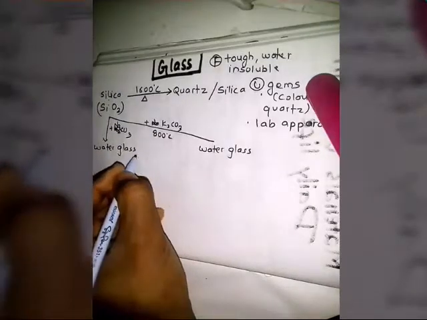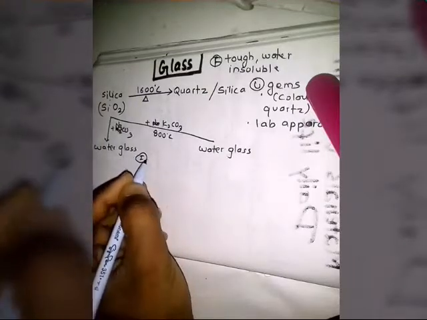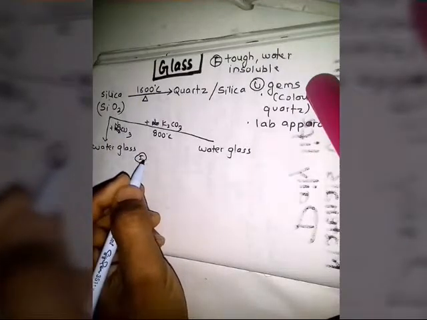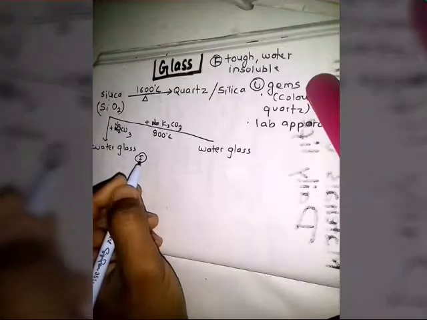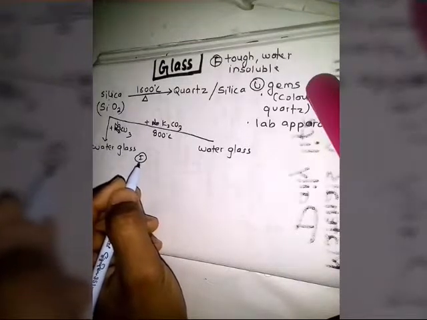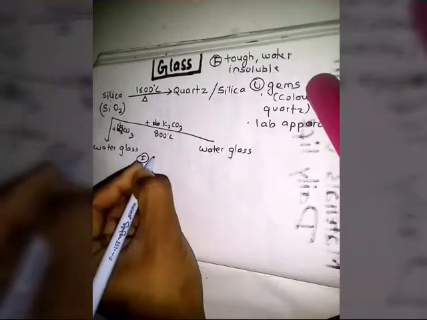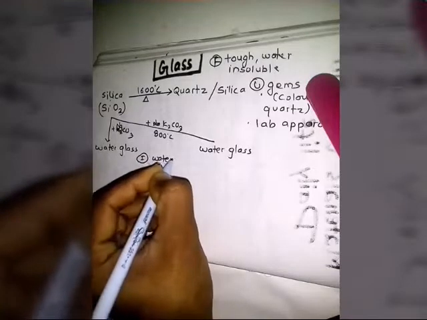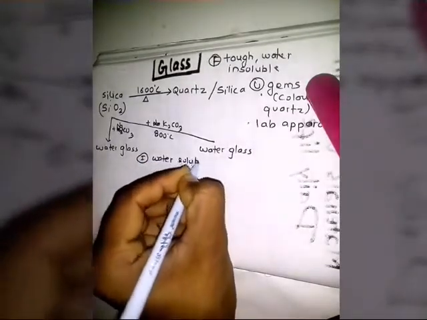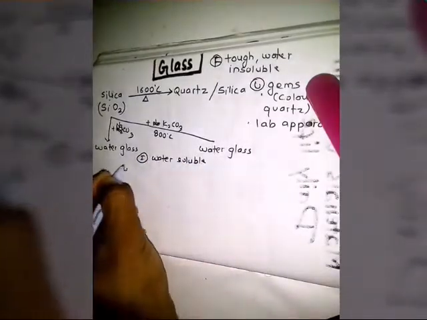Now let's talk about the feature of this glass. One feature we are very clear about: this glass is water soluble. This glass dissolves in water, so we call it water glass. So the feature is water soluble. Now what are the uses of this glass?